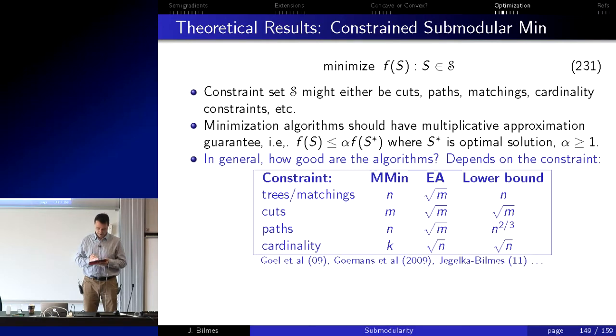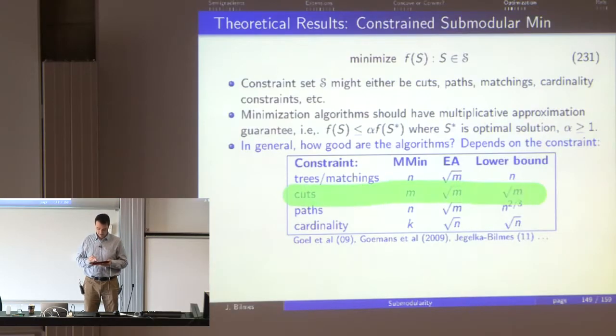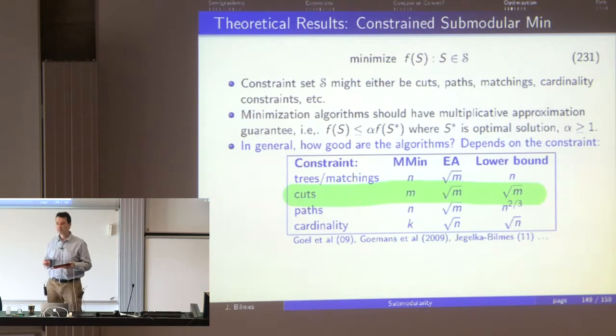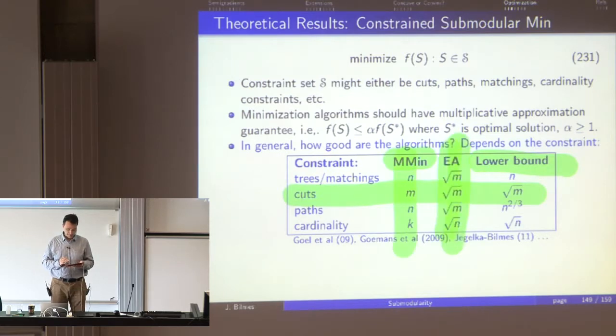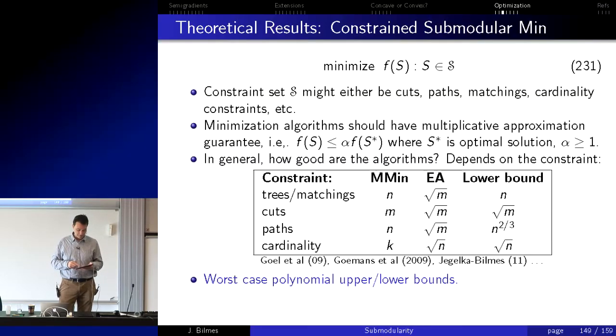For example, for cuts, you get square root of m, where m is the number of edges in the graph. And you have all of these other approximation guarantees. The lower bound is the worst case. That basically means that you can never do better than this. And there are various different strategies for it. So we're pretty much tight. In other words, that's pretty much all there is to be said for both upper and lower bounds.